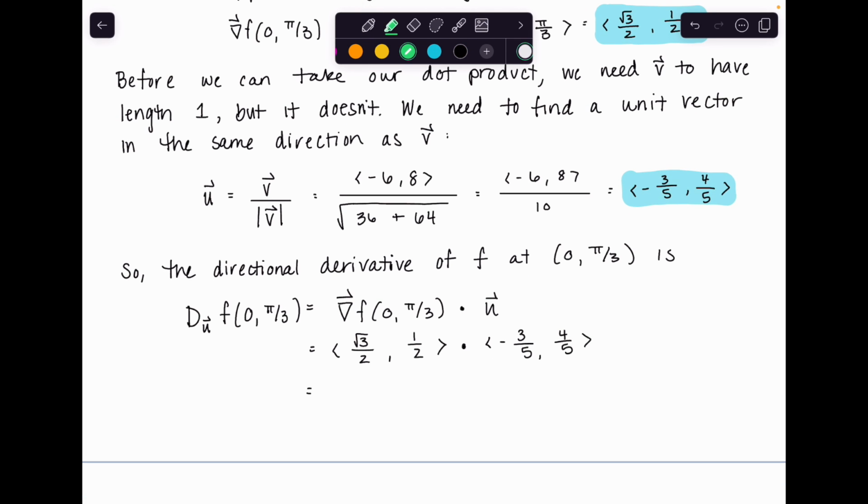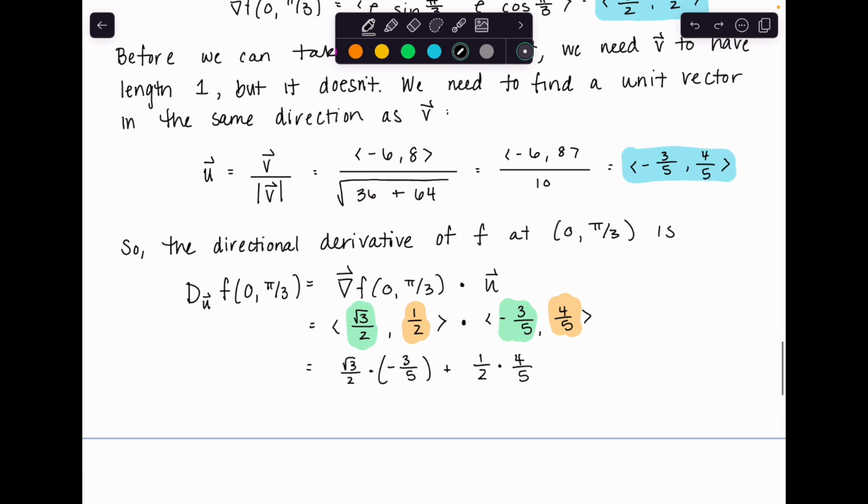Again, to take a dot product, you multiply the like components, and then you add them together. So this will be root 3 over 2 times negative 3/5 plus 1/2 times 4/5.